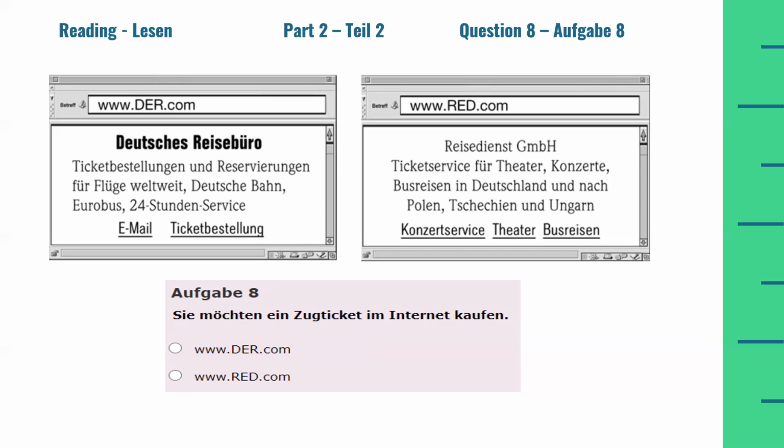But the advertisement on the right hand side, although it is also giving us the option for ordering tickets, these tickets are related to theater, concert, and for traveling to Germany or in other parts of the world. Therefore, the relevant one is on the left hand side, which is www.der.com.